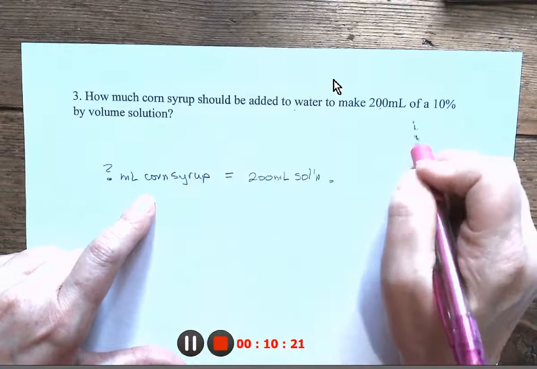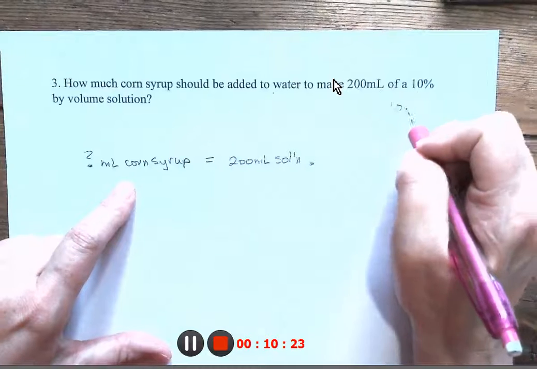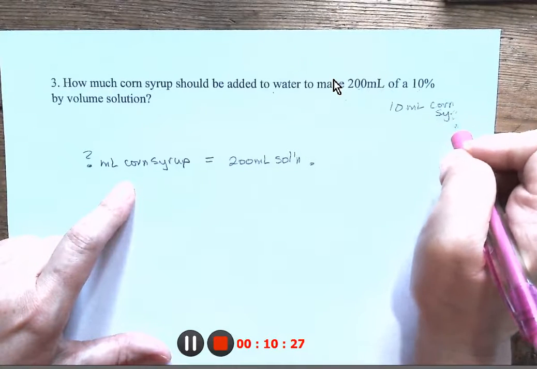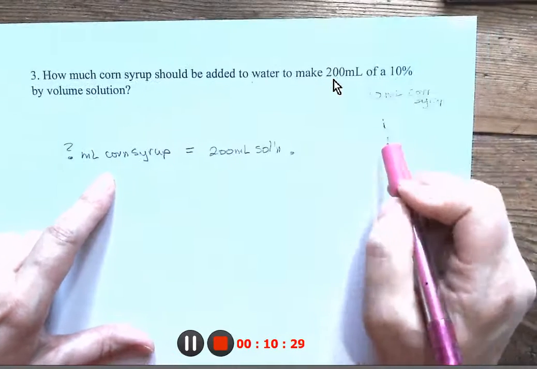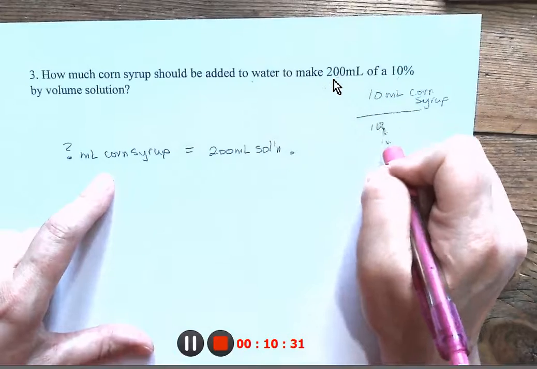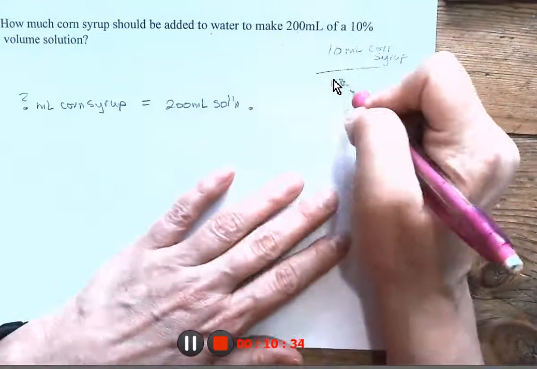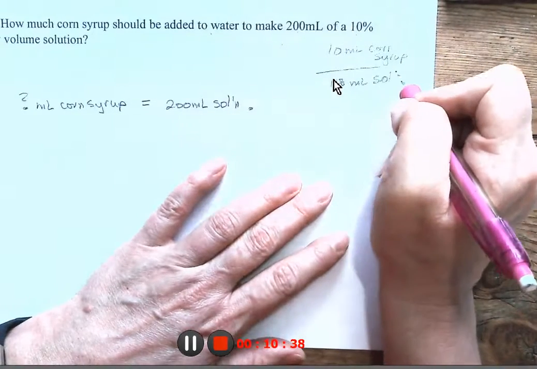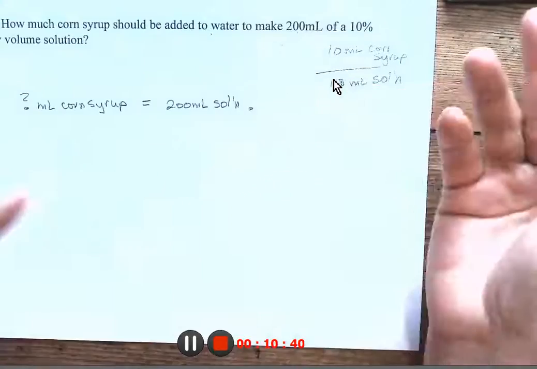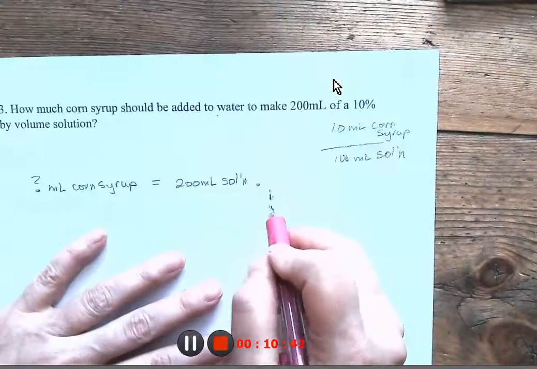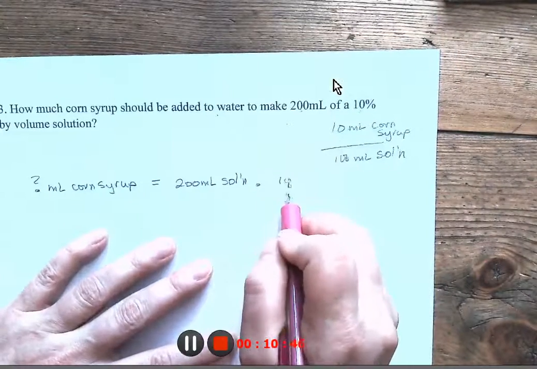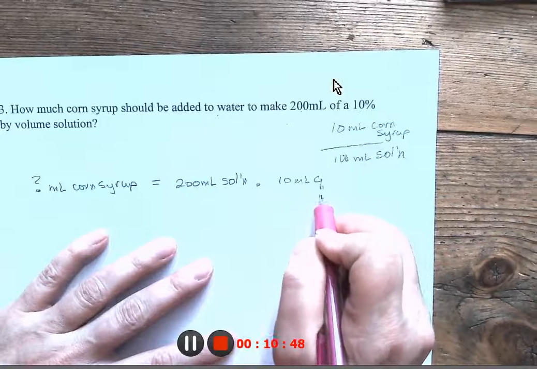And we know 10% is the same thing as 10 milliliters of corn syrup in 100 milliliters of solution. 10 over 100 is 10%. So we're trying to find the volume of corn syrup, so we'll just put that on top.